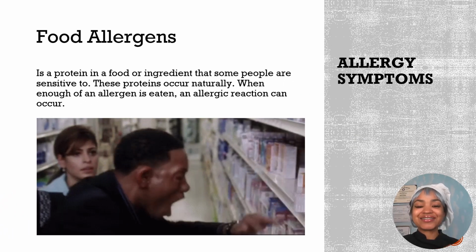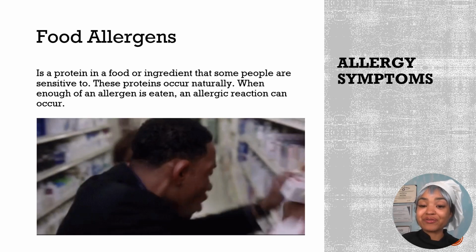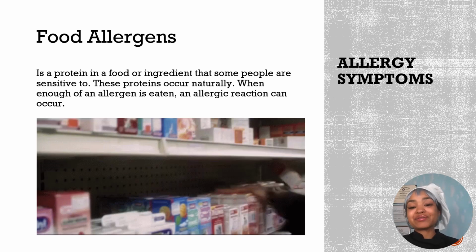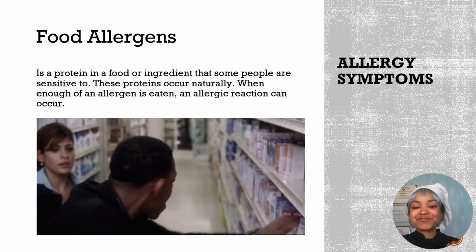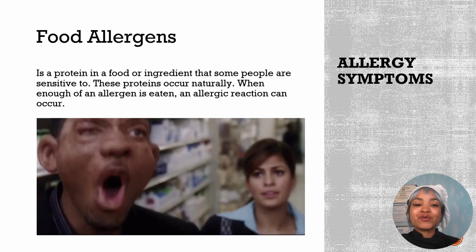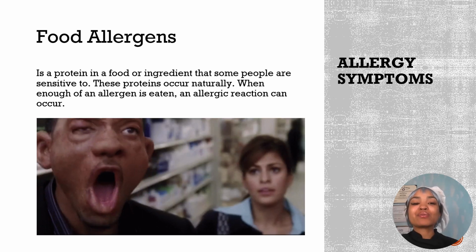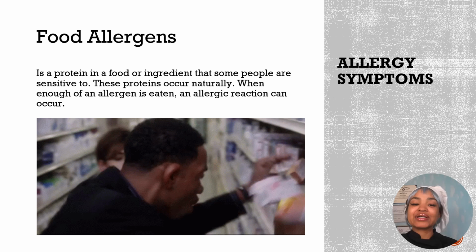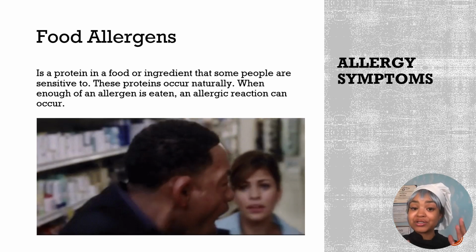Food allergies. We were just talking about the biological contaminants that produce these types of reactions because it is a histamine reaction. Food allergies are not necessarily a histamine, but they are a protein in food or ingredients that some people are sensitive to. These proteins occur naturally.